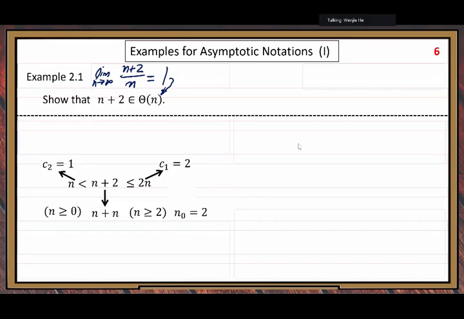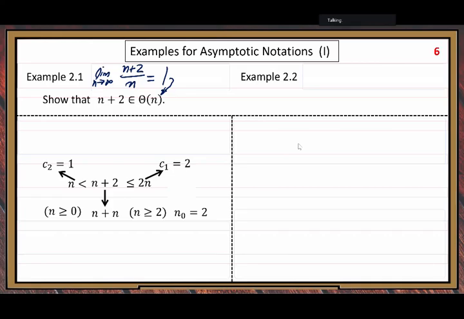When we use the definition way, we need to find these 3 constants: C1, C2, and n0. After you find them, you can make your conclusion that the f function is in big theta of the g function.